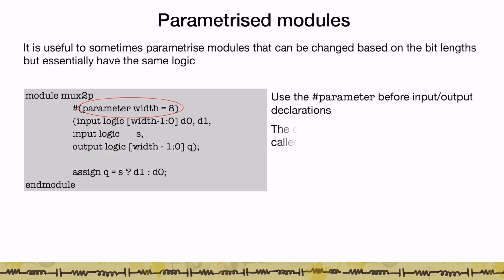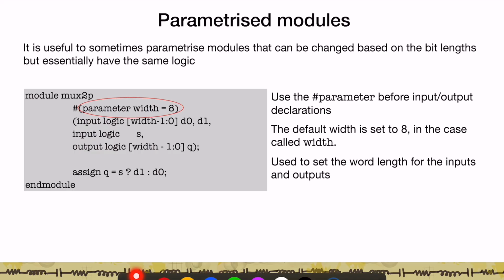Now what is different here is we're using this keyword in the Verilog code, and that is the hash parameter. When you declare this as a hash parameter, it is telling that what follows, like in this module, has this parameterized variable, which is width. I'm using this width as a variable to vary the input word length. So I'm saying parameter width is equal to 8.